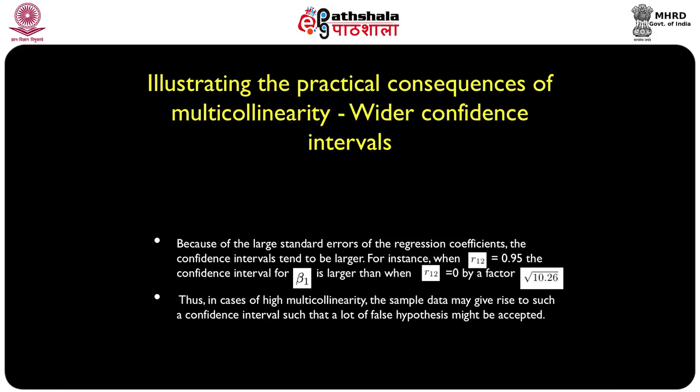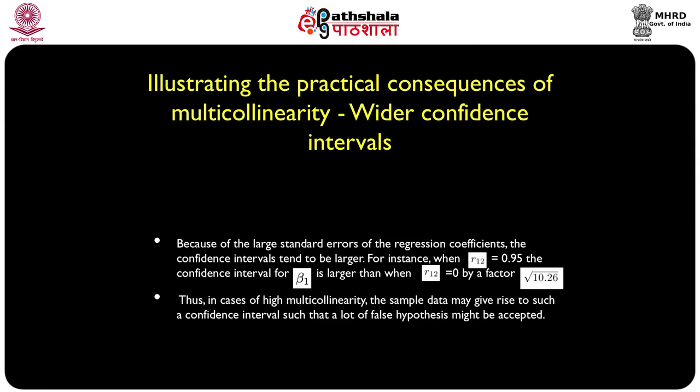Now, let us illustrate the practical consequence of multicollinearity, where we have wider confidence intervals as a result of the presence of multicollinearity. Because of the large standard errors of the regression coefficients, the confidence intervals tend to be larger. For example, suppose the correlation coefficient between x1 and x2 takes the value 0.95, which is very close to 1. Hence, it means that x1 and x2 are highly collinear.